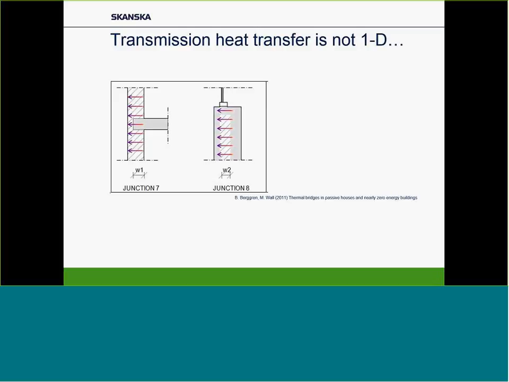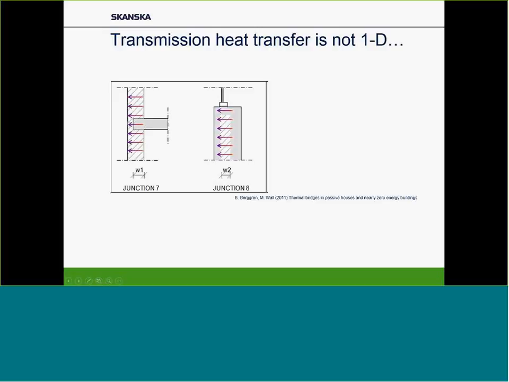So what they actually did, I don't know if you can see my pointer, but if you look to the left, you have a junction 7, because there were different junctions exemplified in the papers. They just calculate the U value. What you can see on the left junction is an internal slab and an external wall, which have less insulation on the exterior side of the external slab.